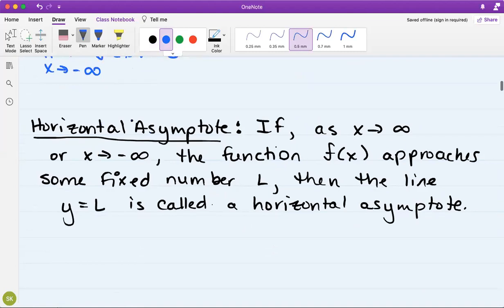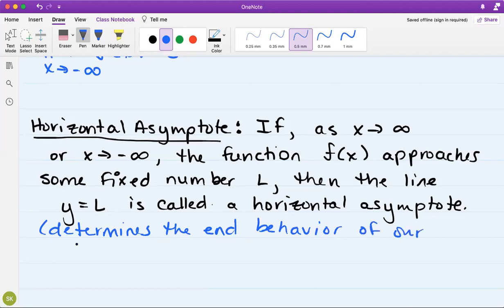So we're going to write here that it determines the end behavior of our graph. And then we're also going to say we can cross a horizontal asymptote. I'm going to abbreviate it to HA.